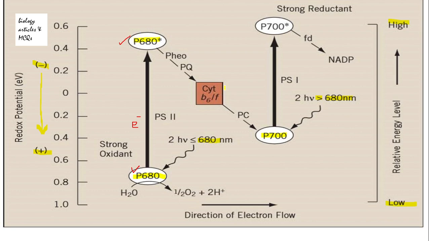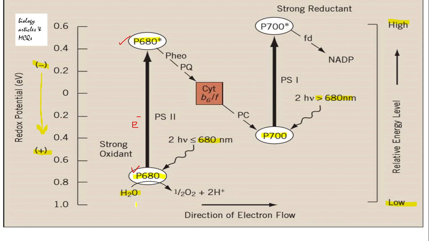But before studying the next transport chain, because photosystem 680 has lost the electrons, there is now an electron hole here that needs to be filled. So how will it be filled? The water molecule that is present in the plant will split, and this splitting also happens in the presence of light.